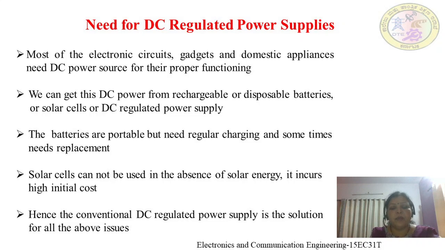Hence people use it where the energy requirement is large and the budget is also large. But where the requirement is small, the budget is smaller, and a continuous supply of DC energy is required, people depend on a conventional DC regulated power supply.